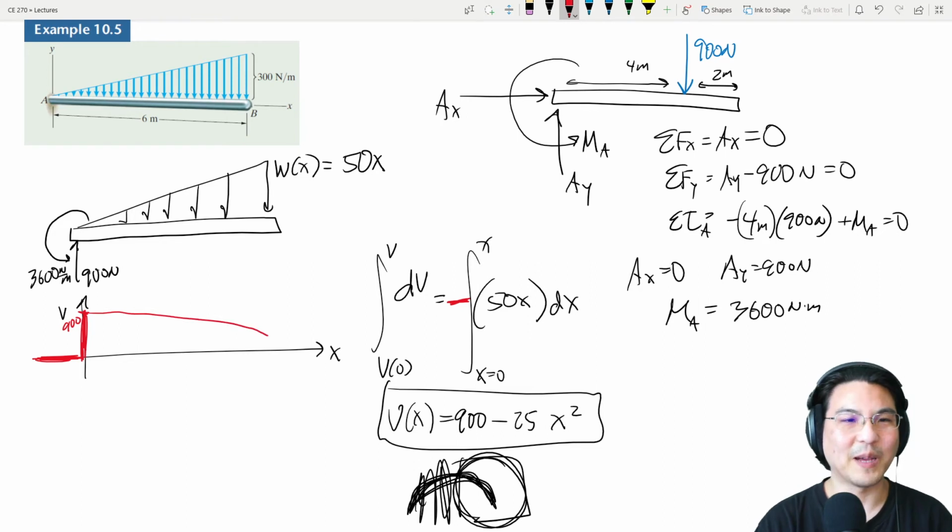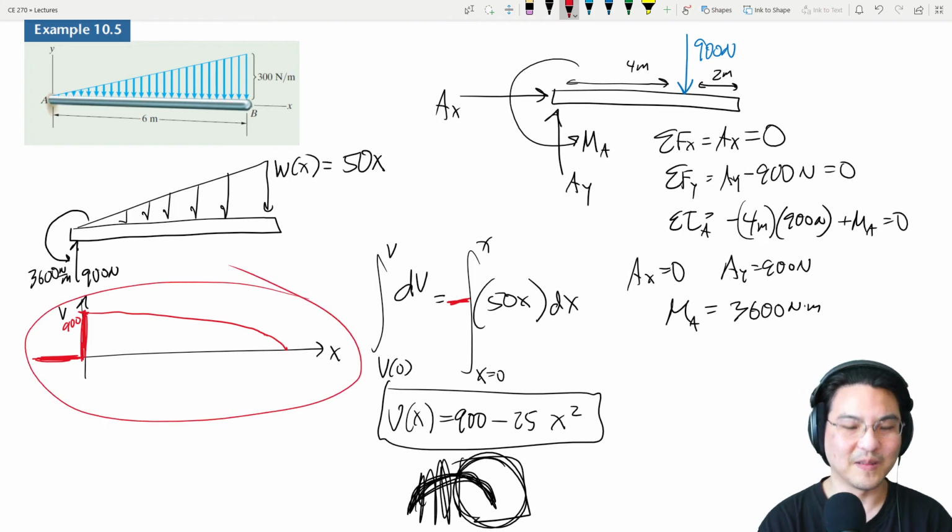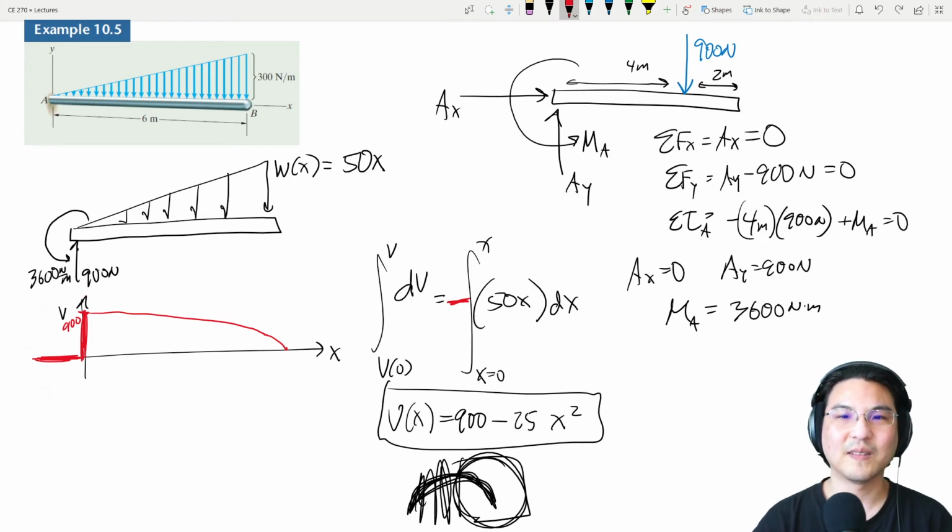And what happens at x equal to 6? 6 squared times 25 is 900, so 0. So this goes down to 0 over here. There. So this is the shear. Hopefully not too bad. Just practice doing this method.